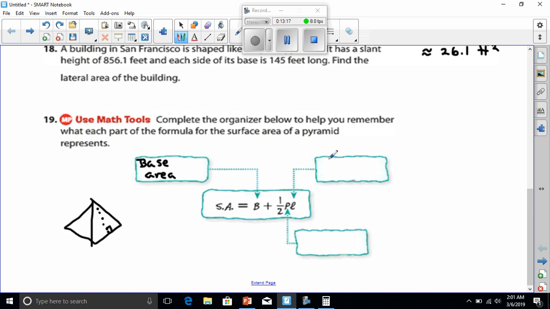So I'm going to put the slant height. And the last one is the P, which is the perimeter of the base. So I'm going to put base perimeter.